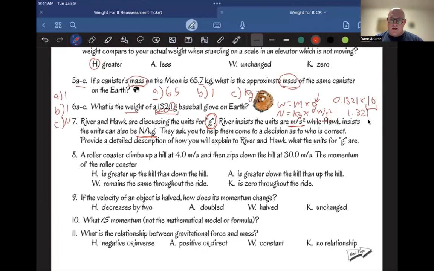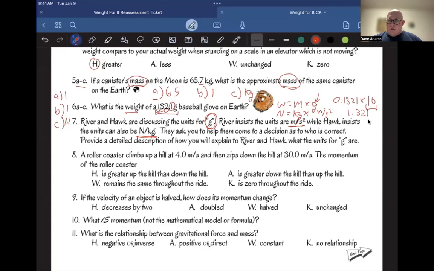The slash there indicates a ratio or a division, okay? For the same reason that the slash in the meters per second squared indicated a division or a ratio. They ask you to help them come to a decision as to who is correct. Provide a detailed description of how you will explain what the units of little g are.